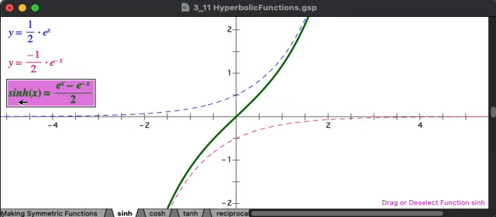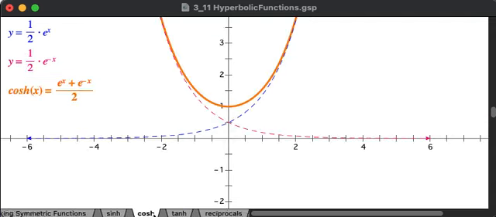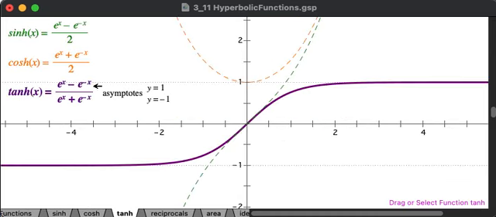And we call that the hyperbolic sine function, and sometimes this is pronounced sinh. And then the even function that we build off of the exponential, 1/2 of e to the x plus e to the minus x, is the hyperbolic cosine function, and we call it cosh sometimes. And then if we take the hyperbolic sine divided by the hyperbolic cosine, my 1/2s cancel out, and that gives us the hyperbolic tangent function.